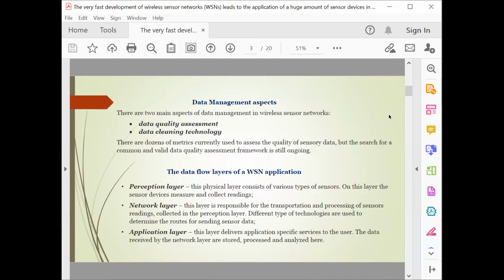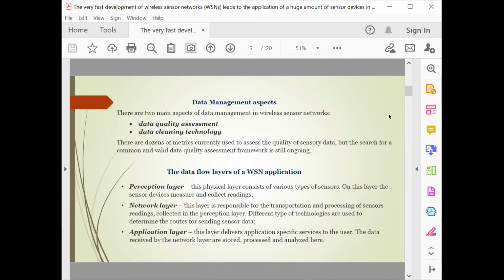The perception layer, this is the physical layer that consists of various types of sensors. On this layer, the sensor devices measure and collect readings. The network layer is responsible for the transportation and processing of sensor readings collected in the previous perception layer.